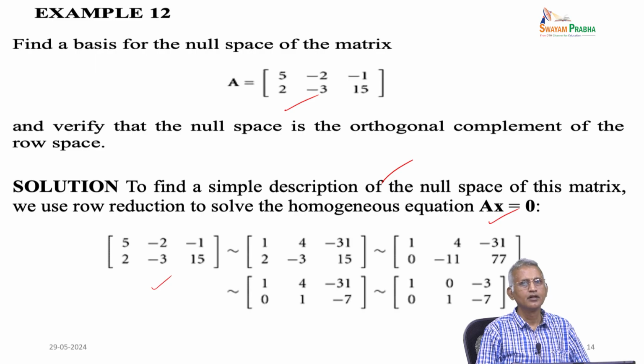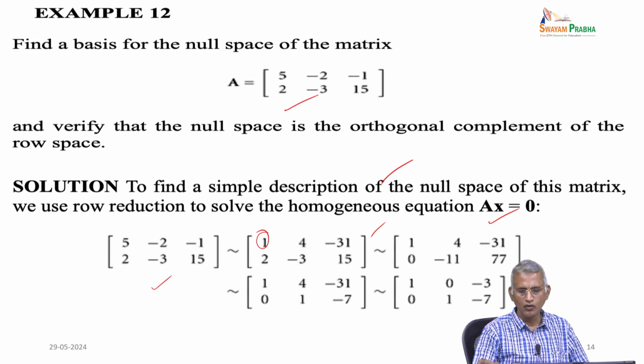Now, we row reduce. Keep the second row as it is. The first row we have to simplify, that is, R1 becomes R1 minus 2 times or 3 times R2, so that it will be reduced to 1, 4 minus 3, and we go ahead like that.